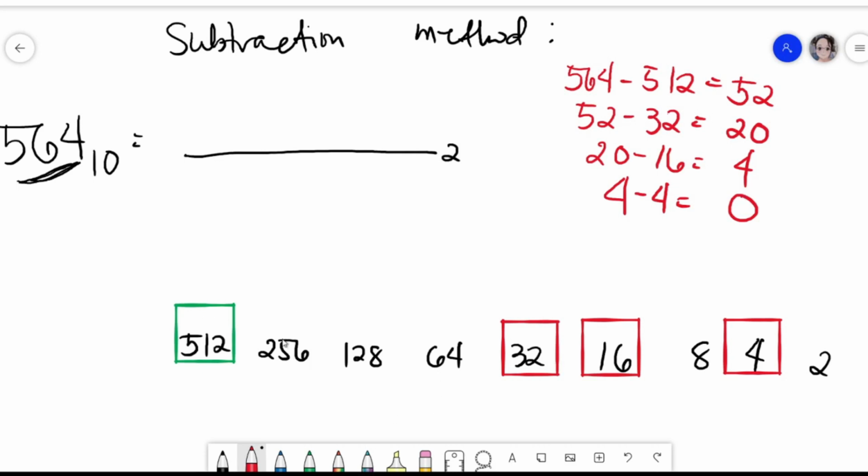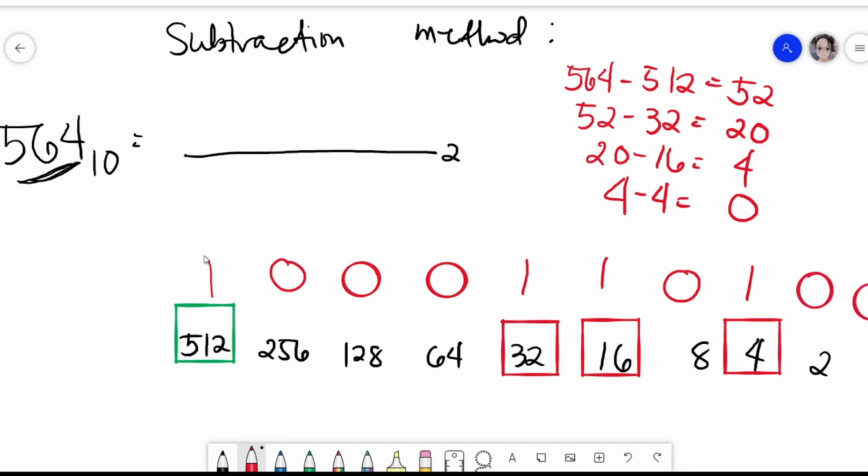Okay? So karon ato manggigamit si 512, so wala siya. We are not using these three numbers, 256, 128, and 64, so automatic 0. We are using 32 and 16, that's why 1. We are not using 8, 0. We are using 4, that's why it's 1. We are not using these two numbers, 2 and 1, so 0 na sila.